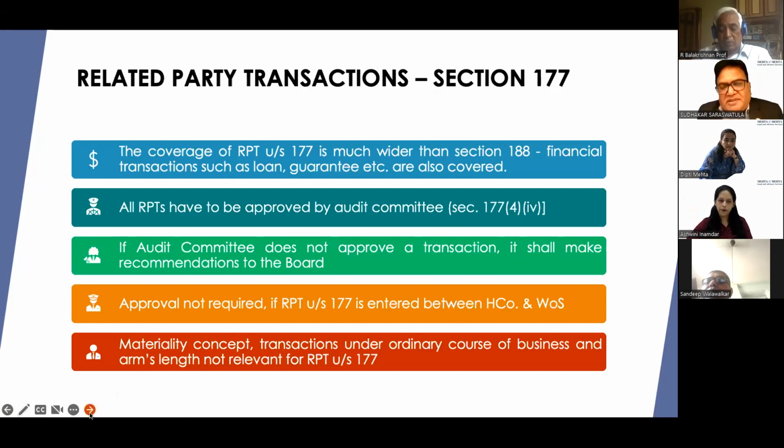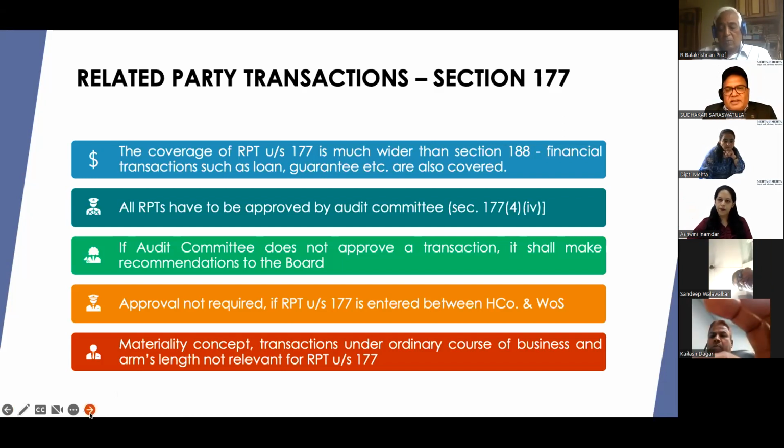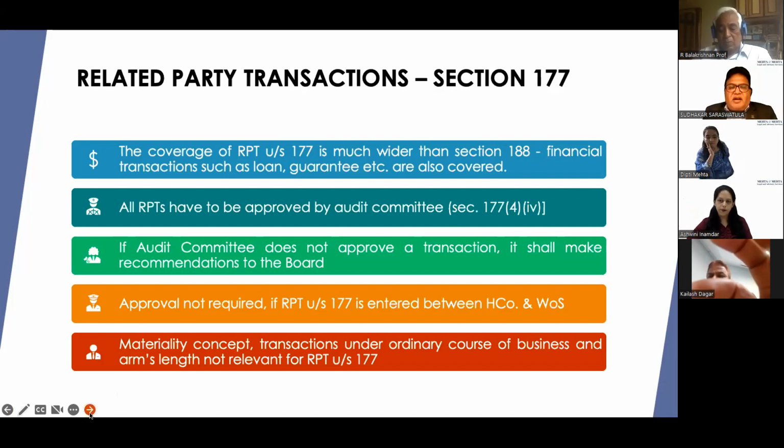Yeah, go. See, let me say one thing in here. The question is whether the audit committee, per se, has to approve every transaction, or the audit committee can also disapprove a transaction, that means it is not approving it. Or sometimes it may so happen that the audit committee is not in a position to decide either way, and it is leaving its decision to the board.